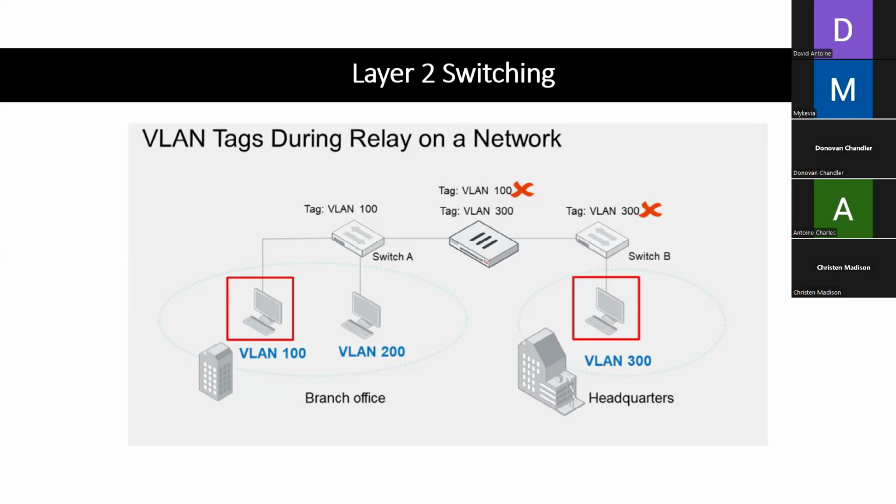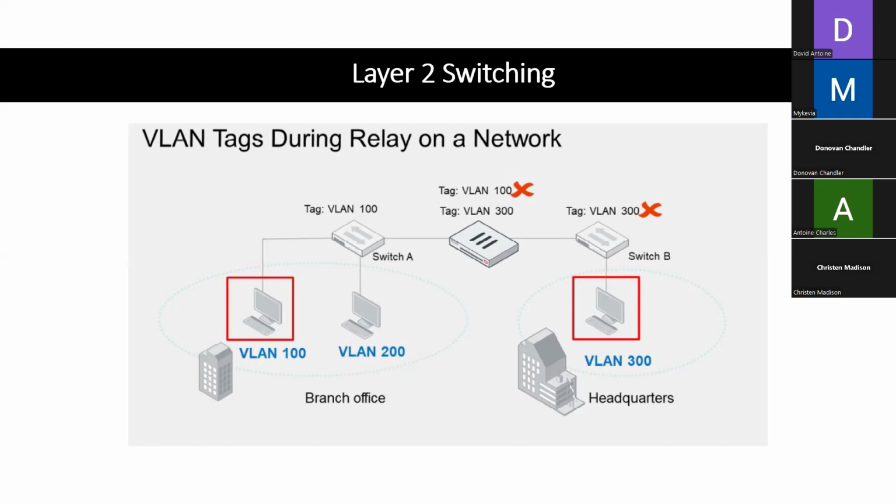When we reference layer 2, the name for the packet at that time is a frame. So when that host from VLAN 100 sends that frame to a host on VLAN 300, here's what's going to happen. I'm going to walk you through the path of a packet.